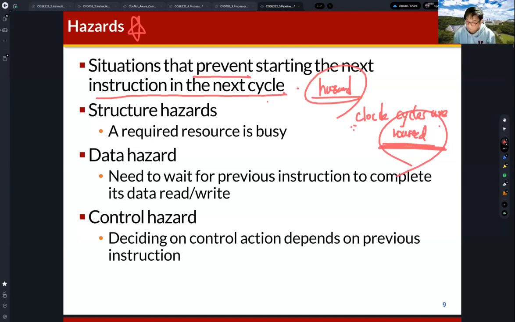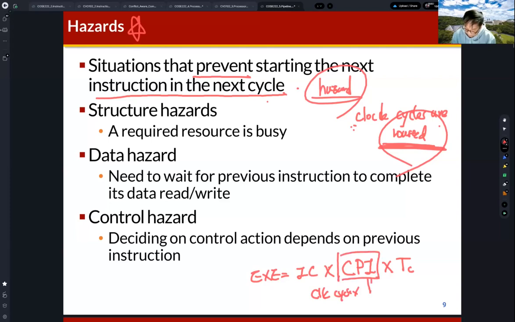So the clock cycle is wasted, and so what is the execution time? Execution time is the instruction count multiplied by clock per instruction multiplied by TC, right? But if clock cycles are wasted, CPI is increased, right?